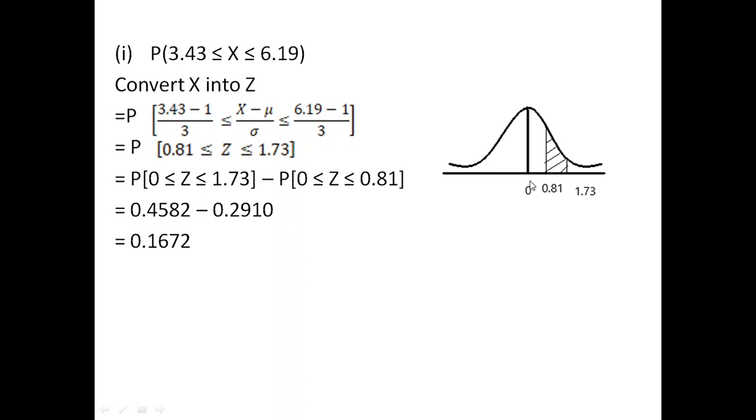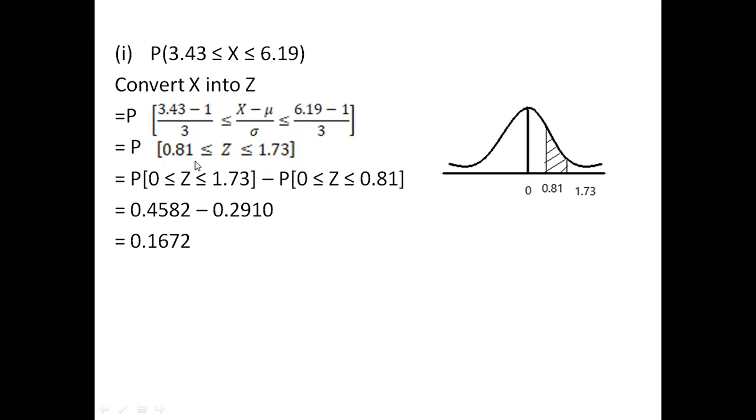Because the table which we have seen before always shows the probability from 0 to a specific point. So here, if we subtract the area from 0 to 0.81 from the area from 0 to 1.73, we can get this part. Here I have done the same thing: we have subtracted this area.